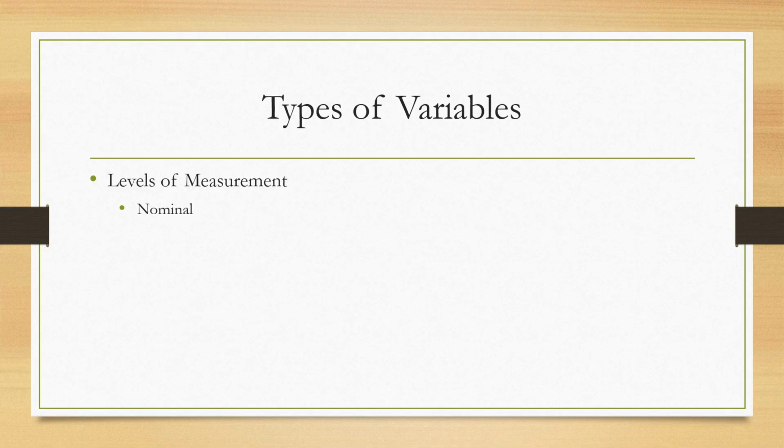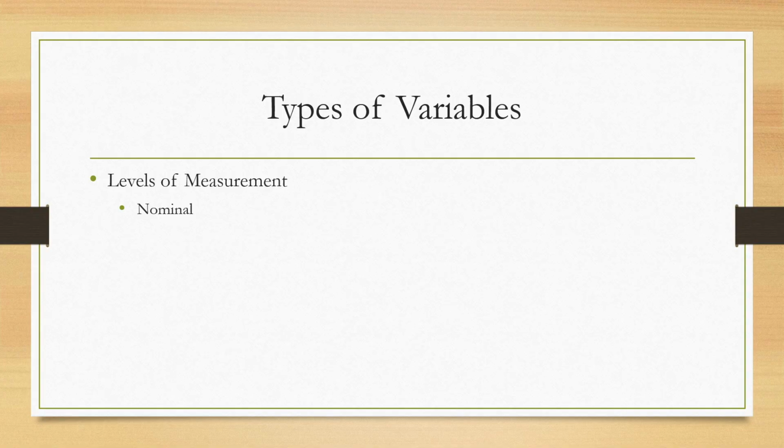So for instance, a nominal variable might be favorite color, and the levels of that variable might be red, green, orange, blue. Now, what makes nominal different than some of the others is there's no inherent way to order that information. Other nominal variable examples could be your favorite pizza topping, your hair color, the color of the shirt that you're wearing.